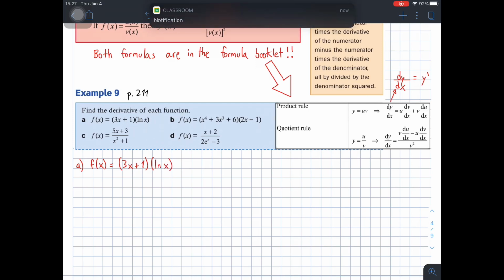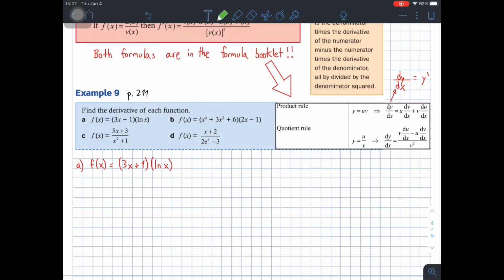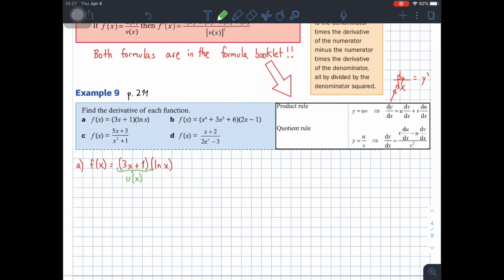Okay, so in this case, we are forced to apply the product rule, right? Because we cannot do the distributive here and use a power rule because we cannot apply the power rule to this type of function, to natural logarithm of x, right? So as we did before, this is what we call u of x, the first function, and this other function is what we call v of x, right?